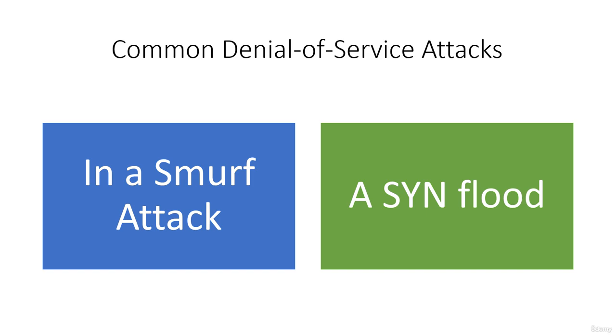So, what are the common denial of service attacks? There are many different methods of carrying out a DOS attack. The most common method of attack occurs when an attacker floods a network server with traffic.